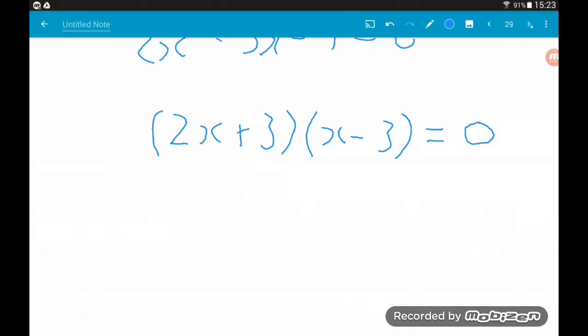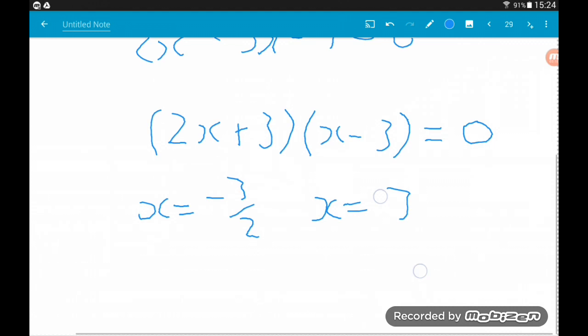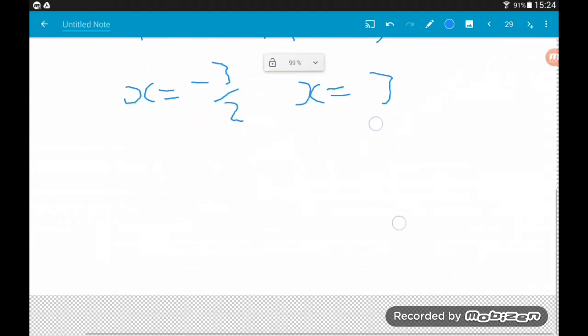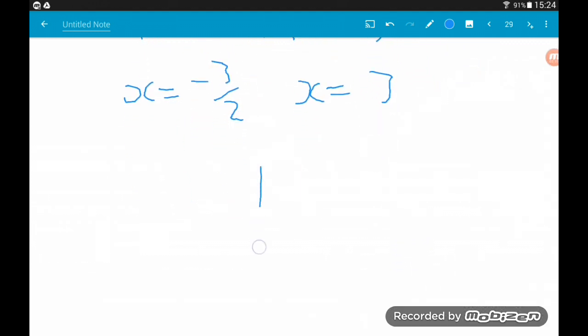So what does that give us for solutions? 2x plus 3 tells us x is minus 3 over 2, and x minus 3 tells us x equals positive 3. So we can now sketch this.